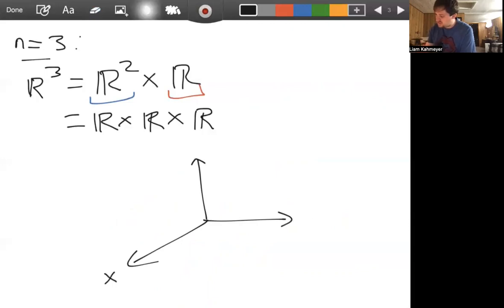And again, let's stick with our X1, X2, X3 here, right? And so points in R3 are determined by X1, X2, X3.